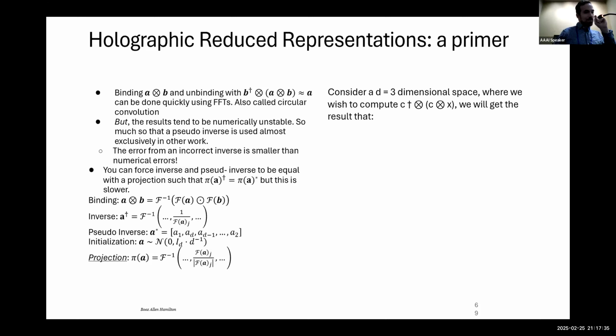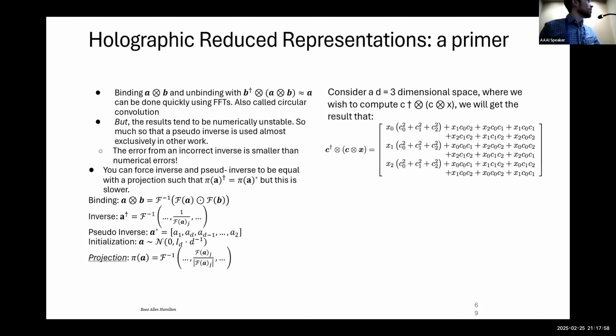So how does this get us these properties I described before? Let's walk through. So we're going to say we have a three-dimensional example. We've got a vector c and x, and we're going to unbind with c. So we've got the dagger for our unbinding operation. So let's actually write out these vectors.